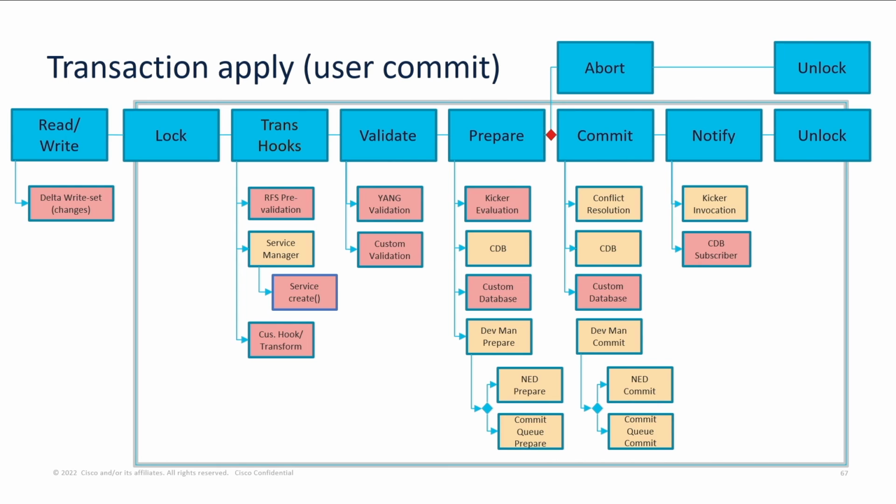And that is the apply phase. And there is all sorts of things going on then. First of all, there is a validation of all the parts that have been introduced in the work phase, and it's also the invocation of all the services that that transaction touches.